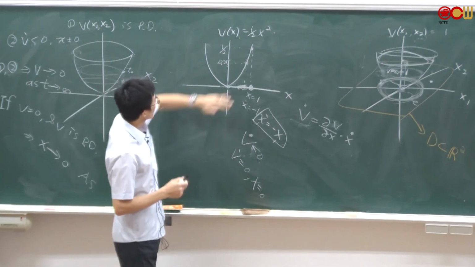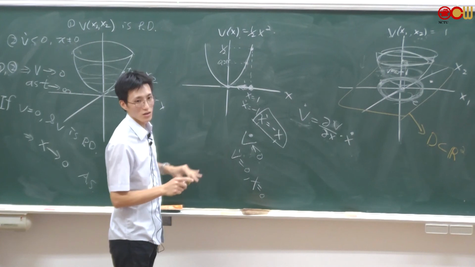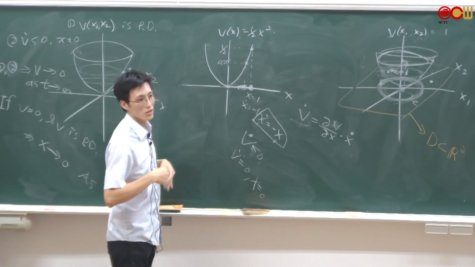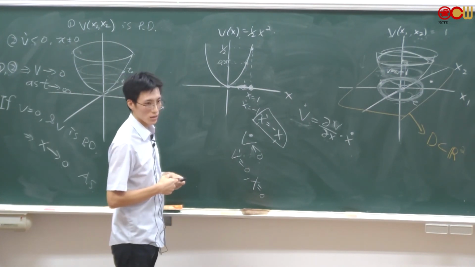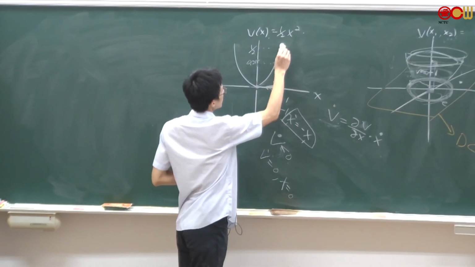Okay, so basically, this V function doesn't exist physically, right? It just helps you analyze the stability. Okay, so this is a gradient. The second part is associated with the physical dynamics. So what is the gradient of this function at this point?